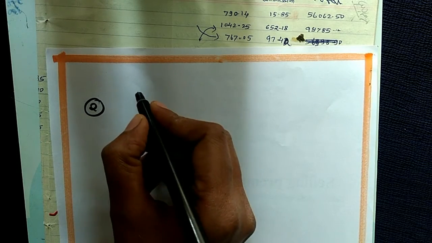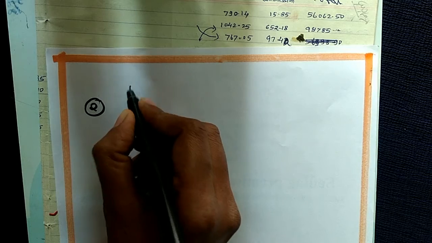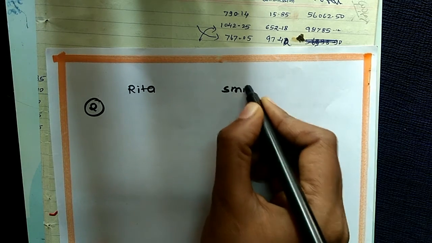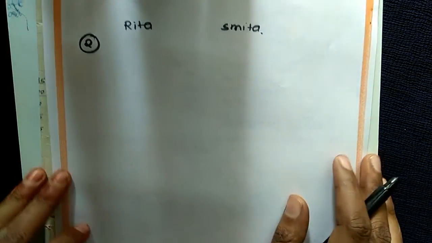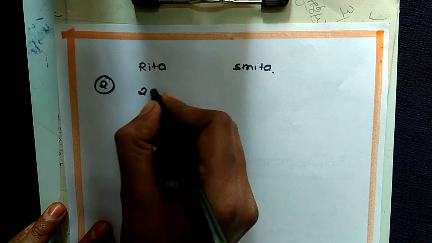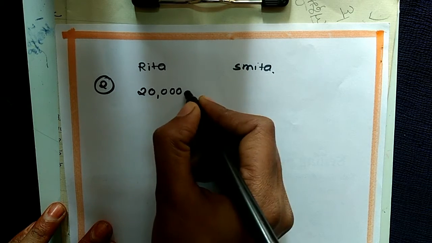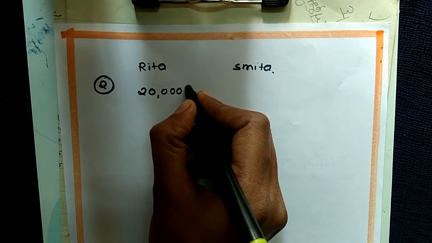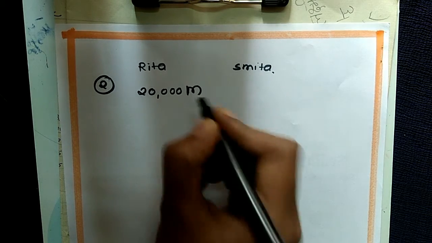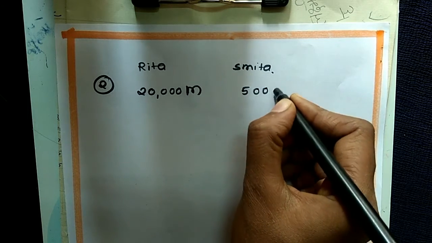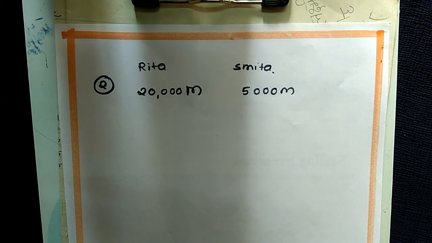Suppose a person, let us take Rita and here Smita. Rita runs 20,000 meter and Smita runs 5,000 meter, isn't it?